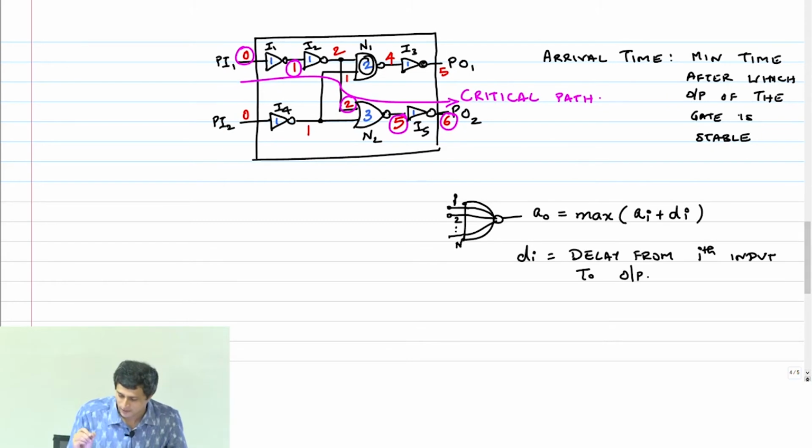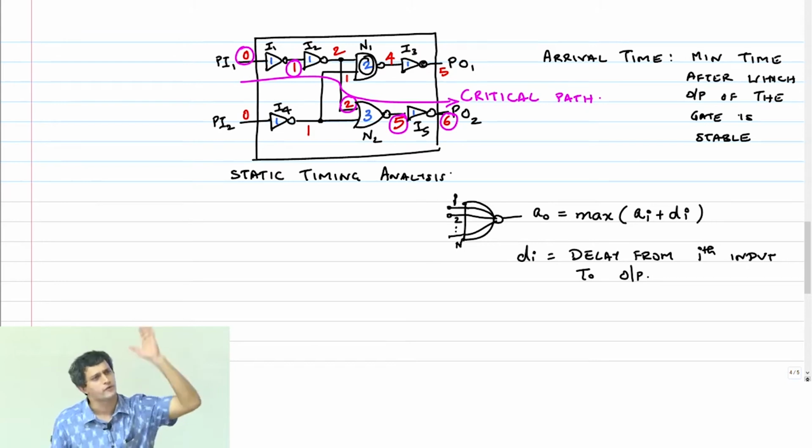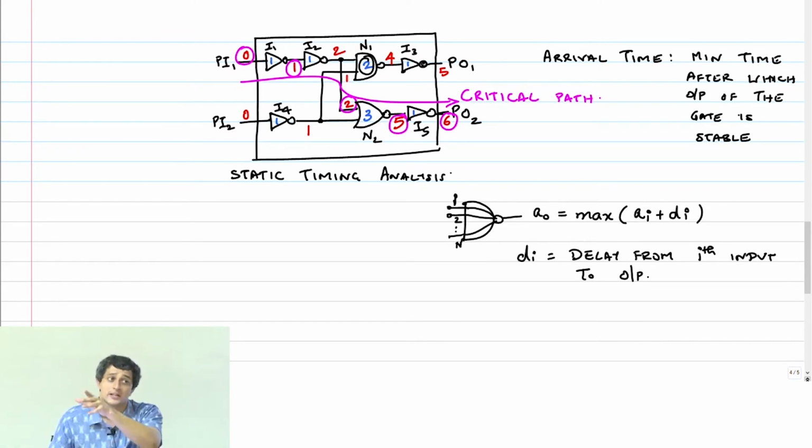This analysis, by the way, that we did earlier is called static timing analysis. Here, what are we doing? We are considering all possible combinations of input variations and ensuring that the output in the worst case does not exceed some particular time.